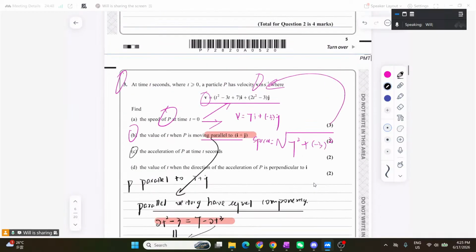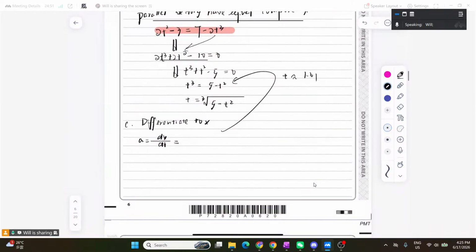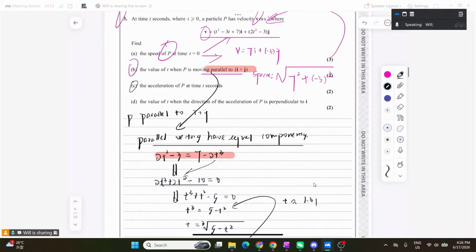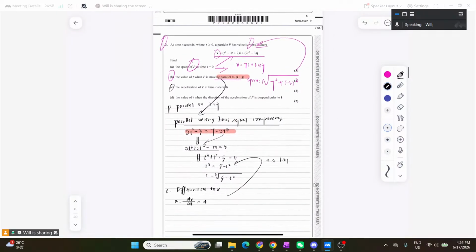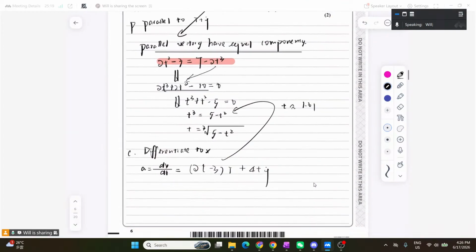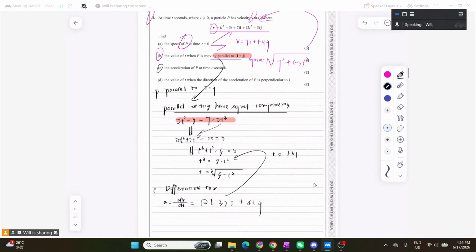Differentiating, we get the acceleration: 2i, then (2t minus 3) i, plus 4t j. Understand? No problem.